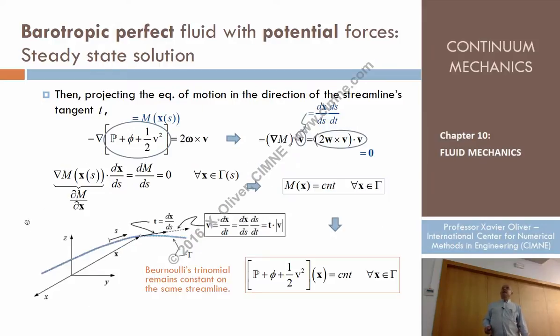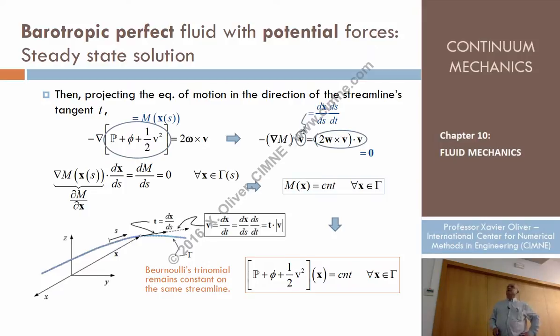If I multiply that by the velocity, here I have the gradient of this Bernoulli trinomial. This Bernoulli trinomial is a scalar function M, which depends on the position x, and for the specific path line gamma, x depends on s, the parameter of the path line. So that is the gradient of M multiplied by the velocity, and then we multiply by the velocity at the right-hand side.